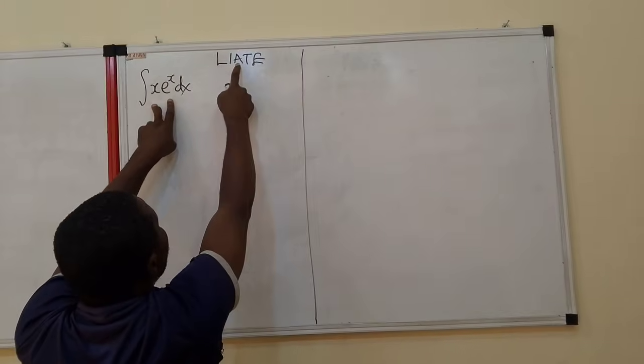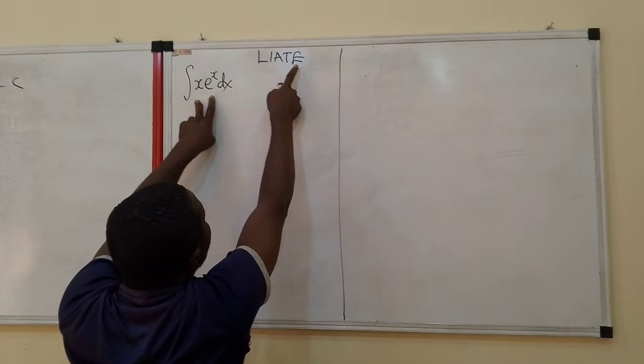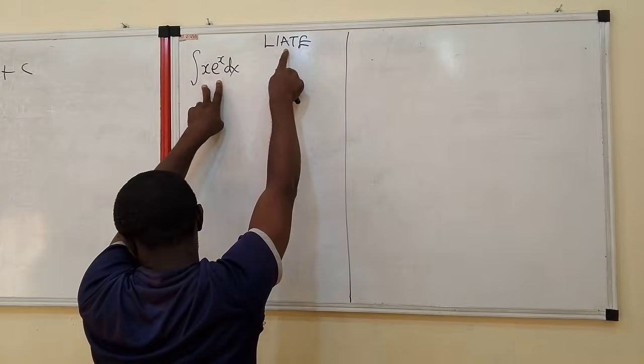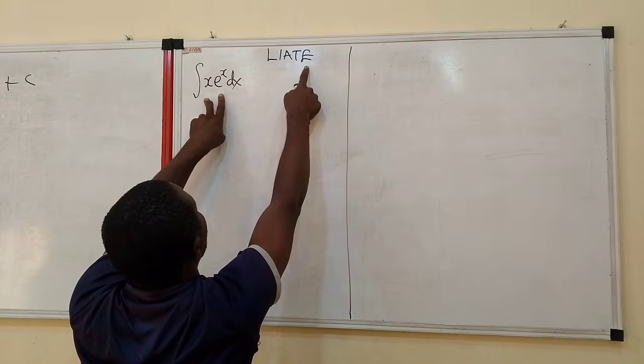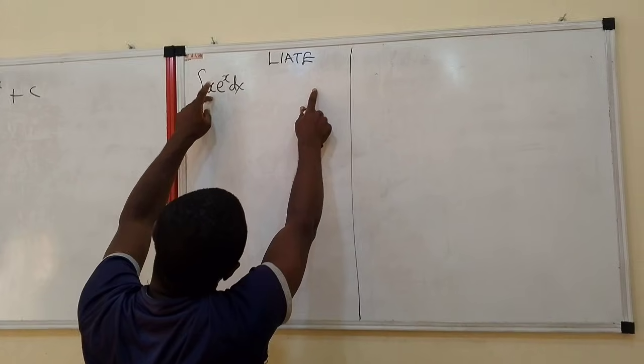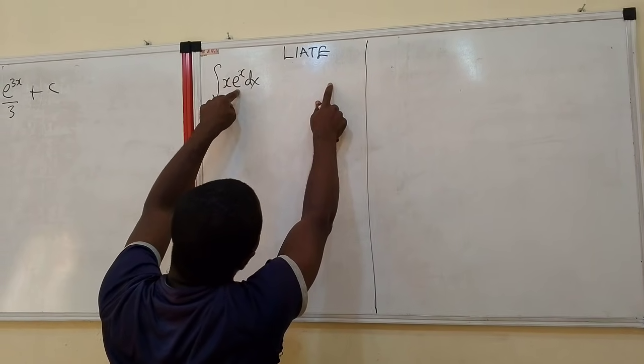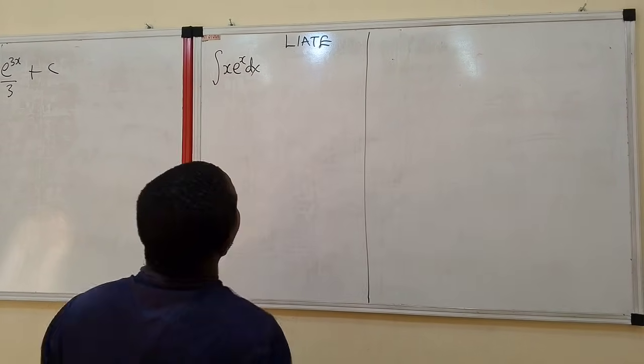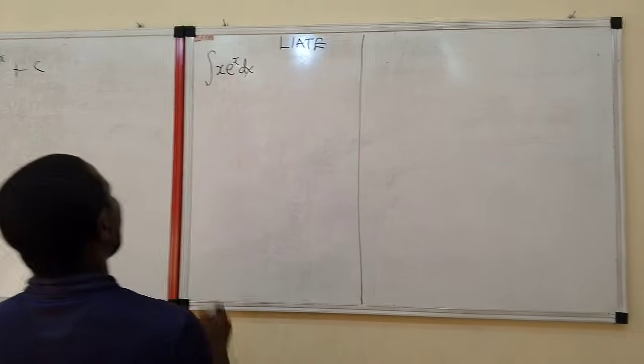Algebraic function comes before exponential function. So our u becomes the algebraic function.